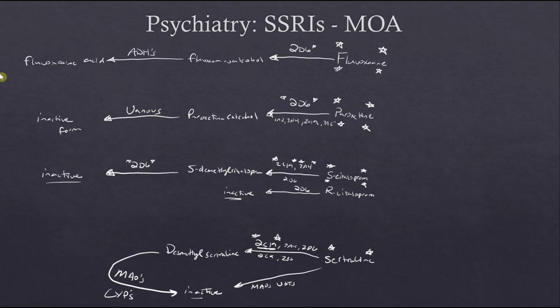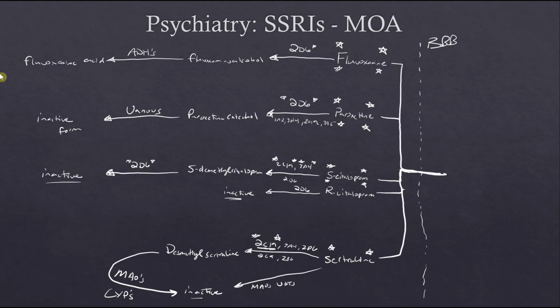Well, they have to cross the blood-brain barrier. So they have to come in from the blood and cross the blood-brain barrier, where they actually have their pharmacodynamic and therapeutic effect at the synapses.